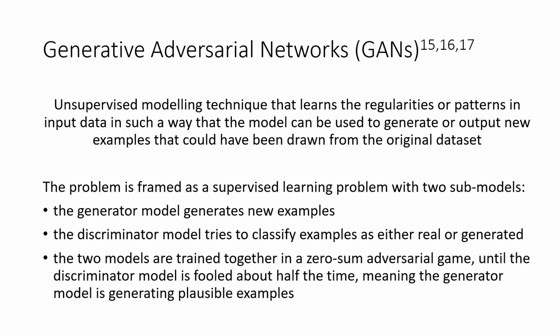Okay, so we don't want the discriminator to be very strong, because that means that the generator is not generating good examples. But we also want it to not be completely weak, because that means that the discriminator is not a good classification model.